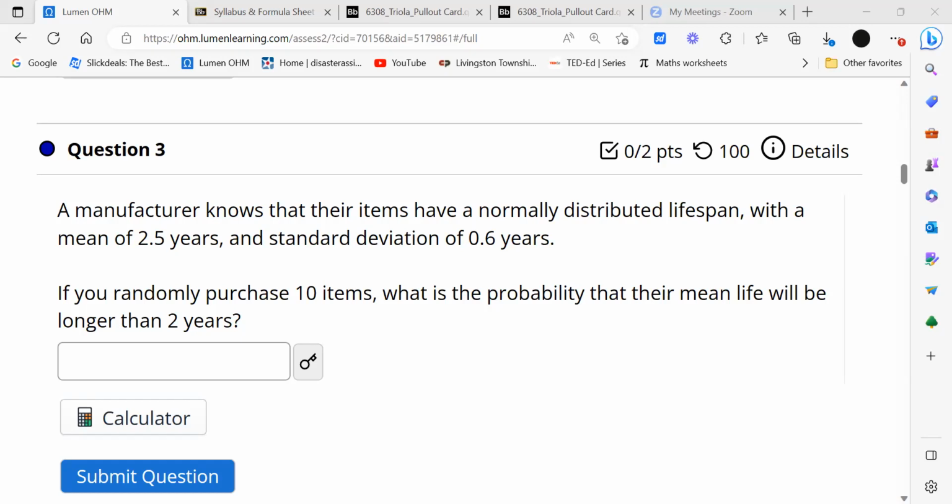Sample mean is 2. Population mean is 2.5. And sigma is 0.6. And also we have a sample size. Let's find out the z-score here. Z-score equal to sample mean minus population mean over population standard deviation over square root of sample size. So right here we have 2 minus 2.5 over 0.6 over square root of.